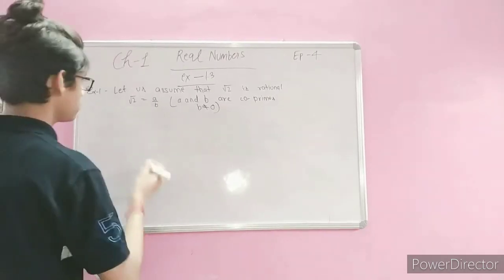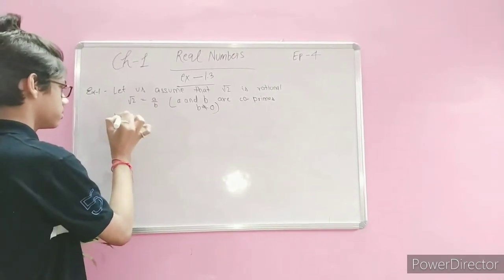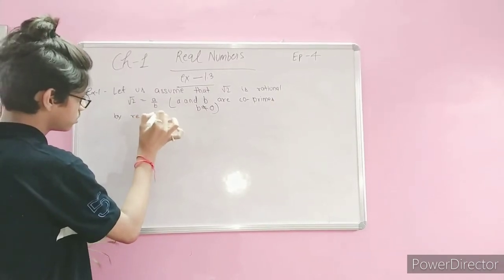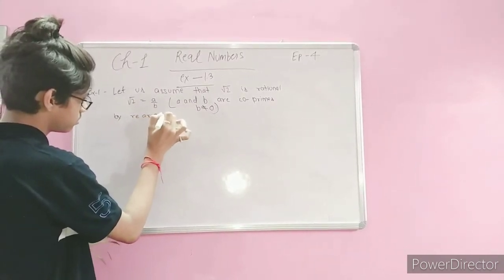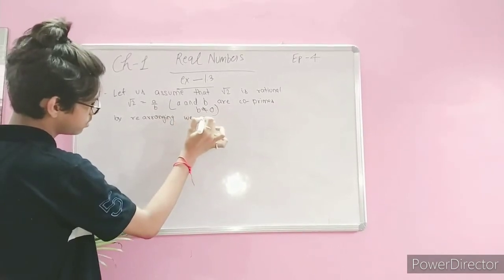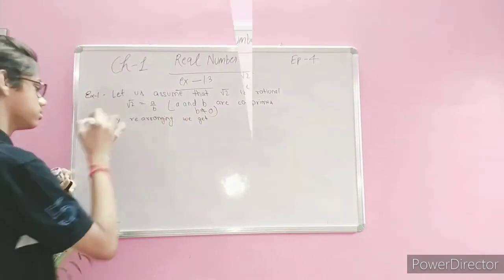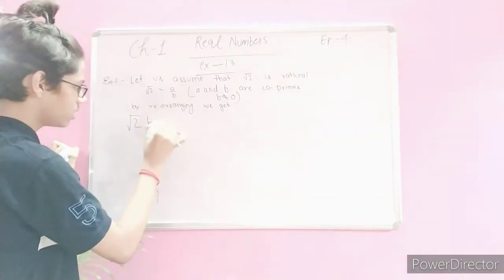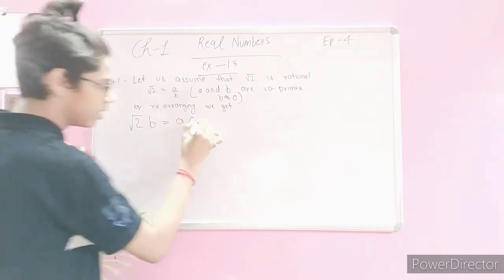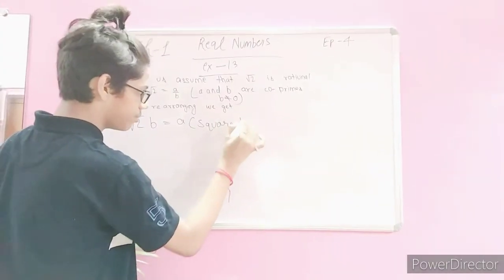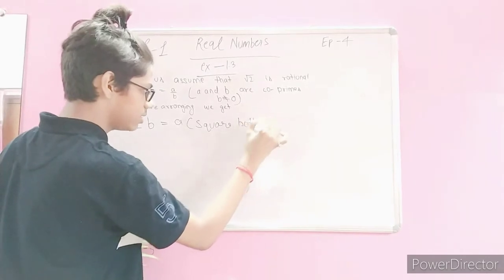Then by rearranging we get root 2 b is equal to a, and we will square both sides.